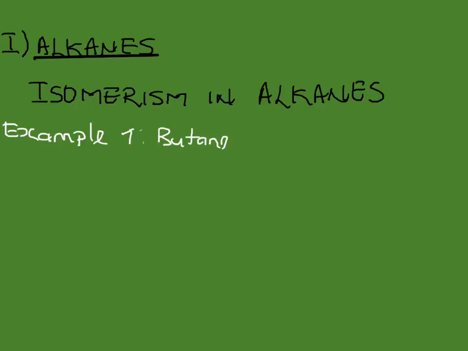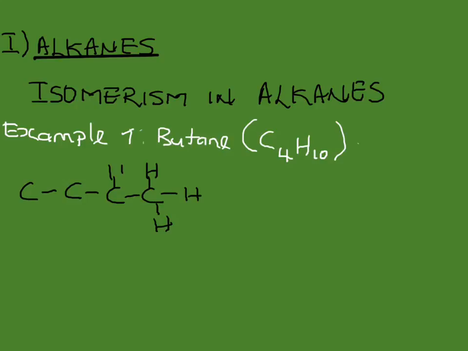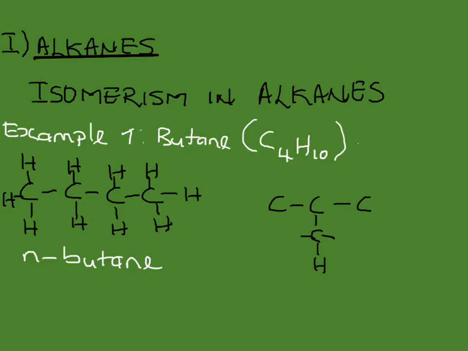For example, let's take butane. You can see from your screen, the first structure we're going to have there is N-butane, showing that butane has the longest chain of 4 carbon atoms.